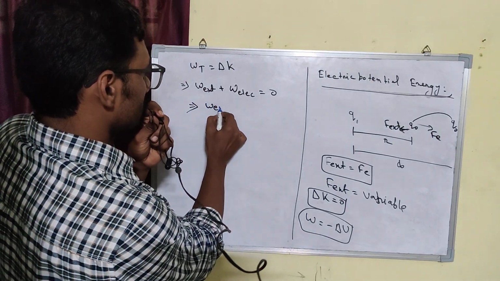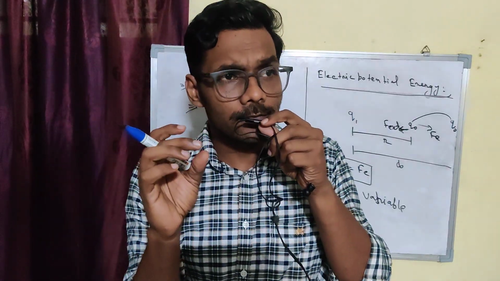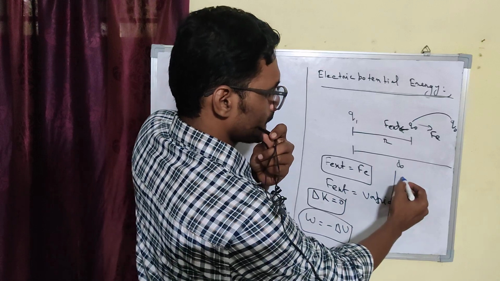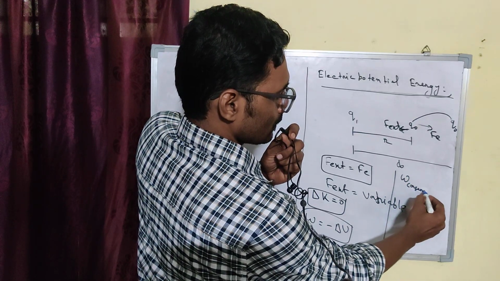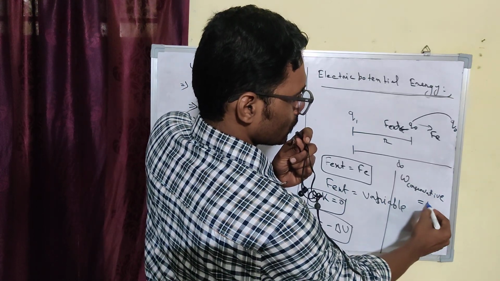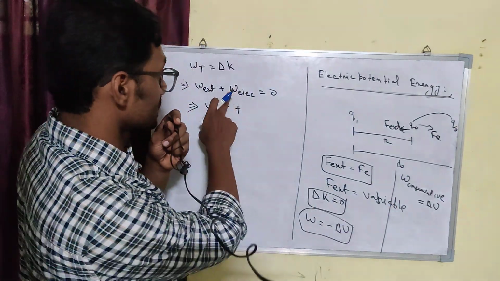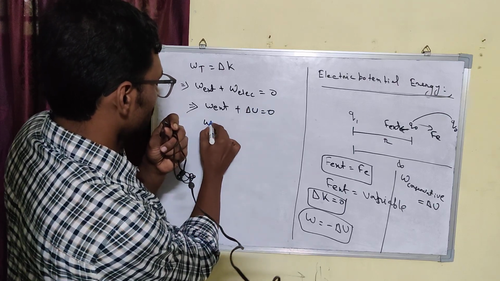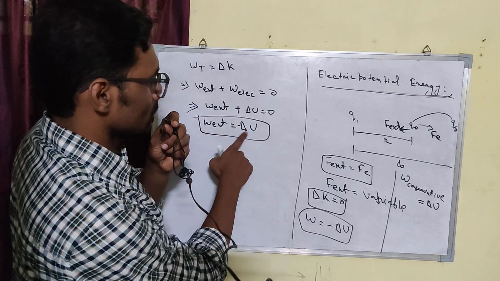And the electrostatic force is a conservative force, and work done by a conservative force is equal to the negative change in potential energy. Because electrostatic force is conservative, the change in kinetic energy is zero, so external work is equal to the change in potential energy.